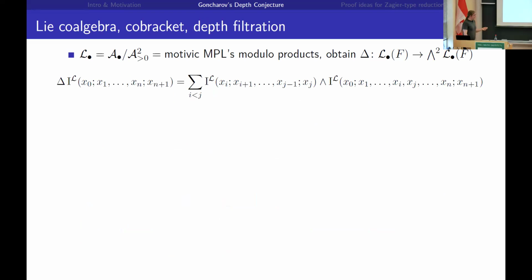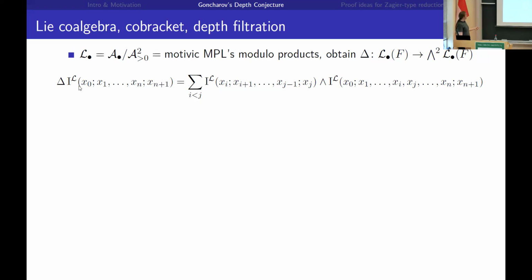And in this setting, there's a very explicit combinatorial formula for the coproduct. And this is probably really sloppy notation, but just from coauthors and collaborators, we tend to write a little delta to be the cobracket in the Lie coalgebra, but it's coming from the coproduct in the Hopf algebra, and there's no confusion, so I'll stick with actual delta here.